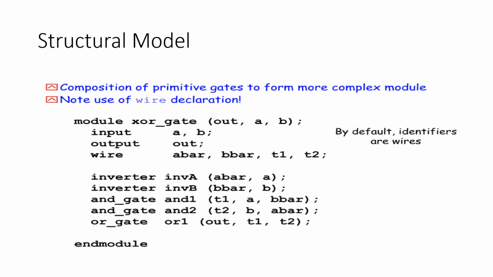The logic diagram consists of four gates, that is two inverters and two AND gates, namely inverter A and inverter B, and AND gate 1 and AND gate 2. Along with that, we are using one OR gate. We have defined the inputs and outputs of all five gates within the brackets, and we connect each and every gate using an identifier, that is wire.